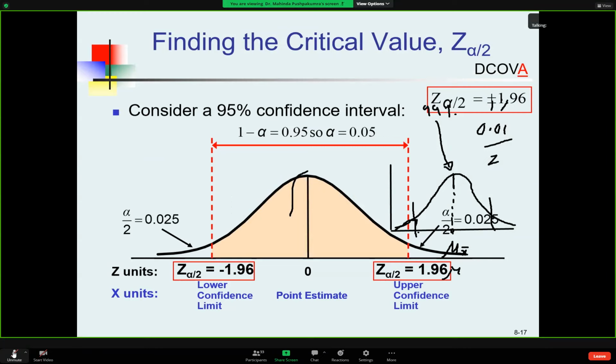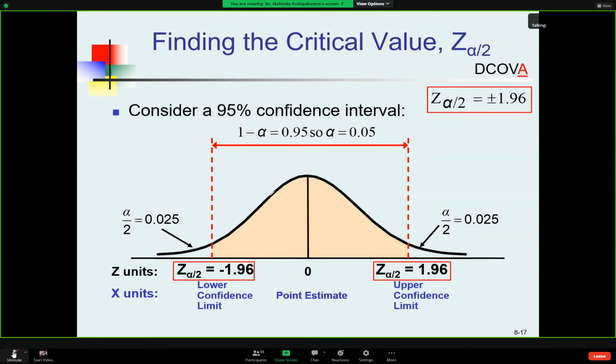Then the same thing you can see here. If this area is 95%, then this is 0.025. Then the Z value is 1.96. Then take the Z table and check whether you can identify how we get this value.